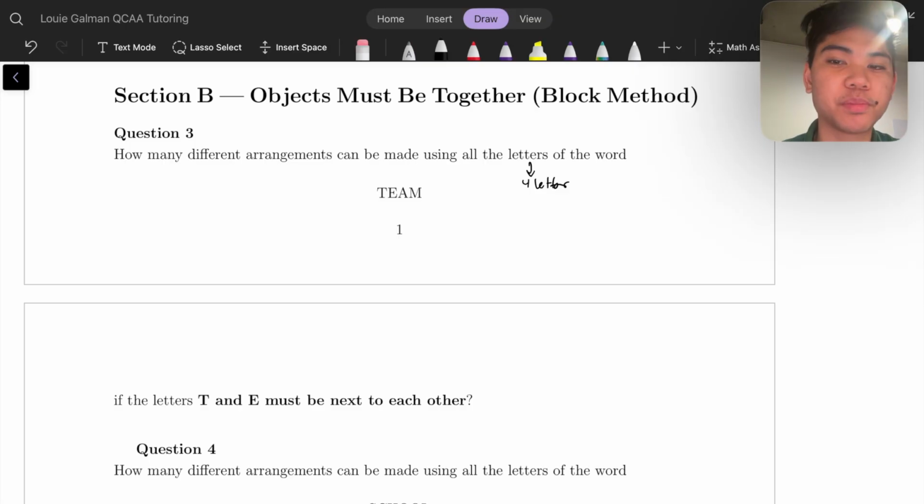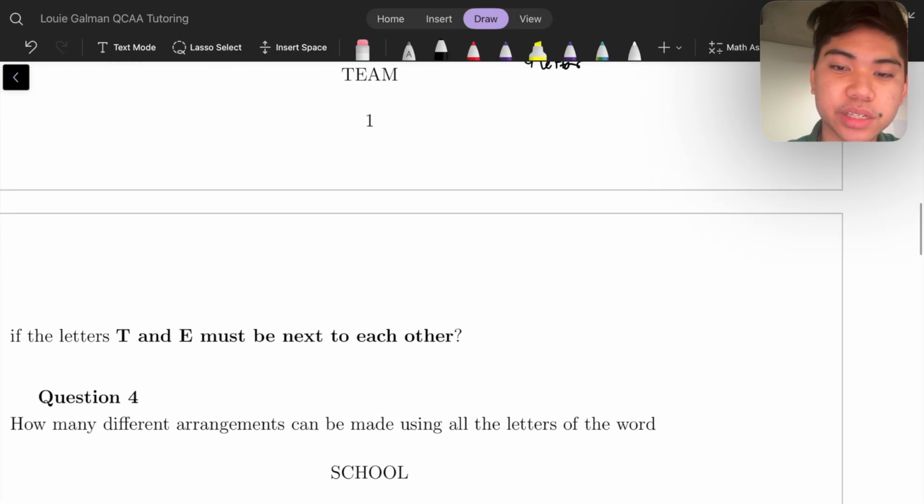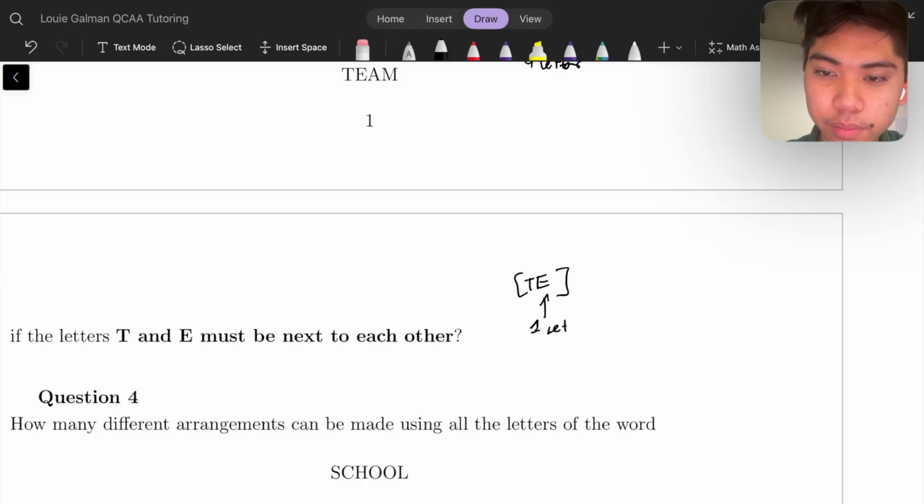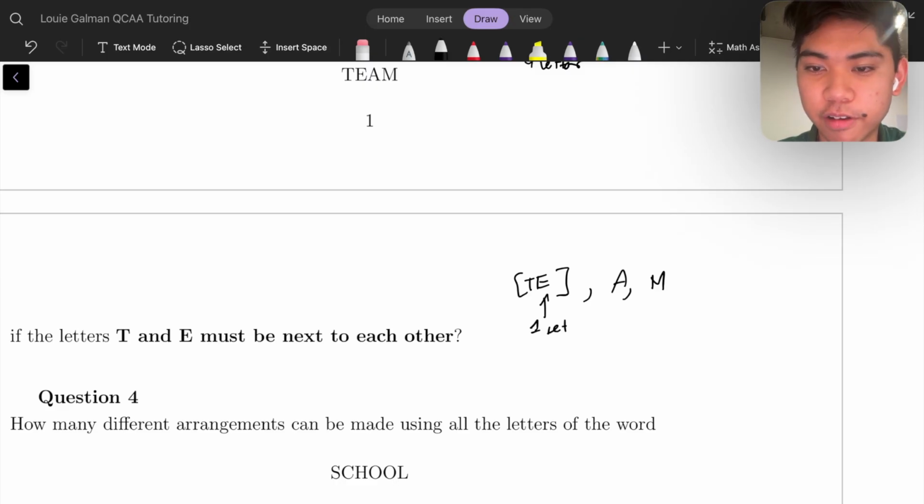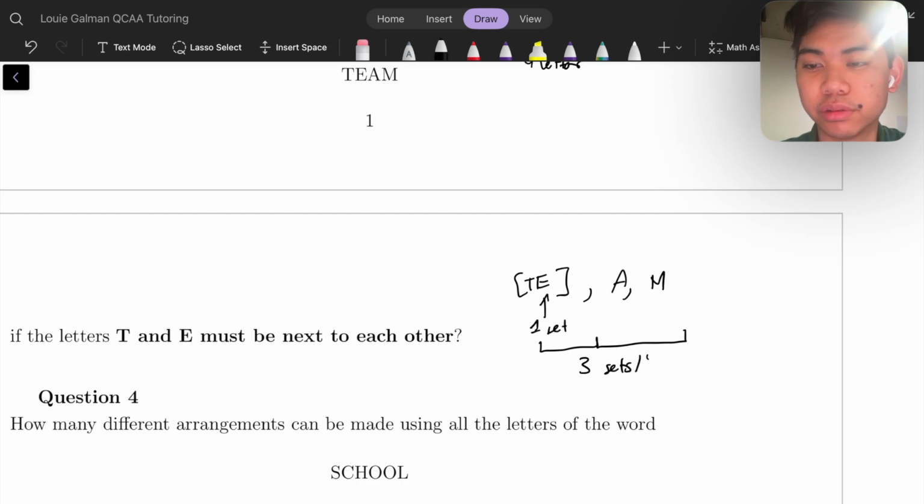Okay, so the block method basically says let's say that T, E being together is one set on its own, and then we have A and M as our other sets. So we have a total of 3 sets, or in other words, like the box method, we have 3 boxes, okay?